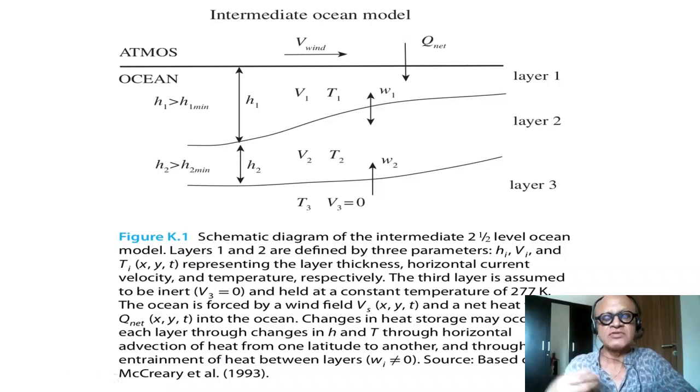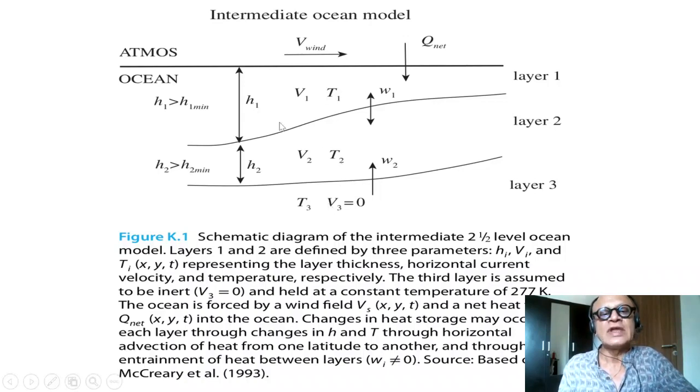He has other versions where he increases the number of layers, but essentially, if you remember way back in an older chapter, we looked at the 1.5 layer model, which we will come back to later on, where we assumed that above the thermocline there is an active layer which has currents and temperatures and heat advection and so on, and then we assumed a deep motionless layer where pressure gradients go to zero and velocities are of course zero.